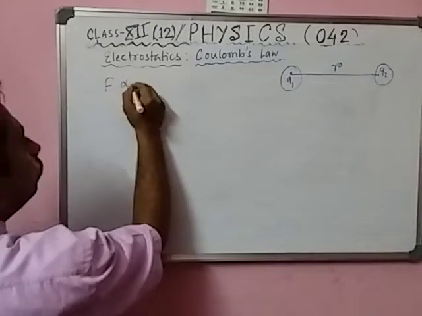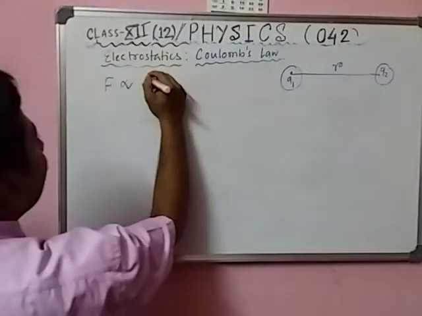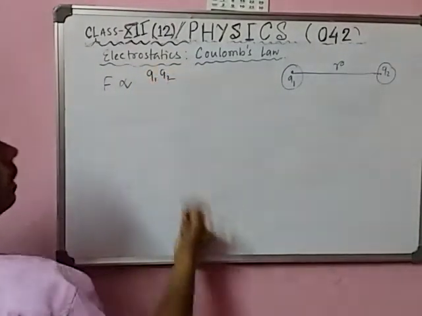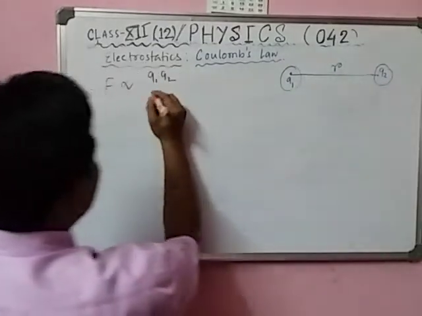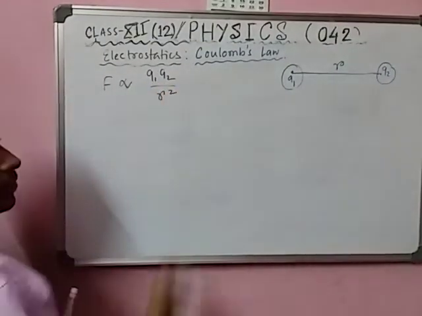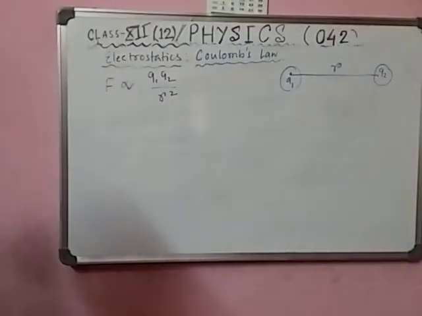Force is directly proportional to the product of the charges, Q1 and Q2, and inversely proportional to the square of the distance. So this is your Coulomb's law.